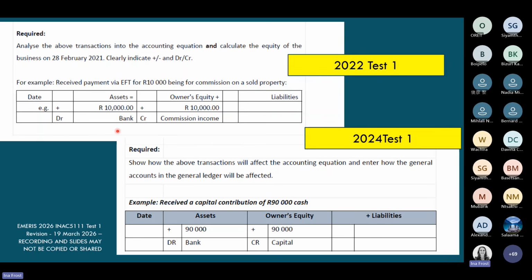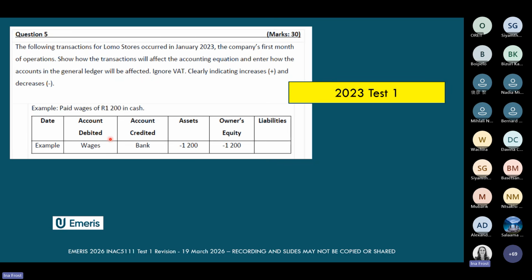So, for example, in this one, we wanted the amounts at the top and directly below it, the two general ledger accounts. Where in this one, we wanted you to give account debit and account credit in separate columns, and then the impact on the accounting equation.